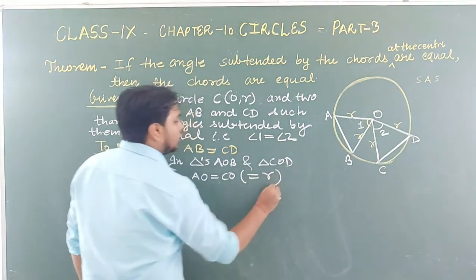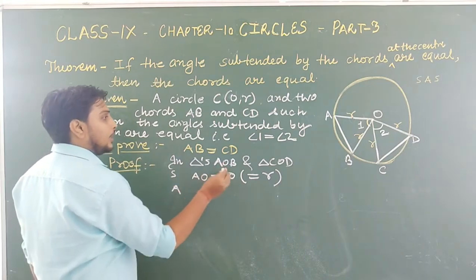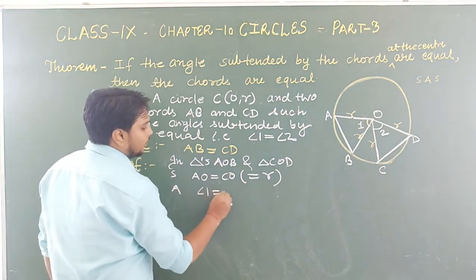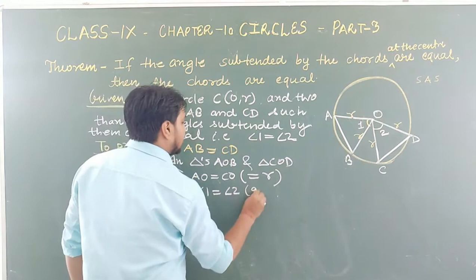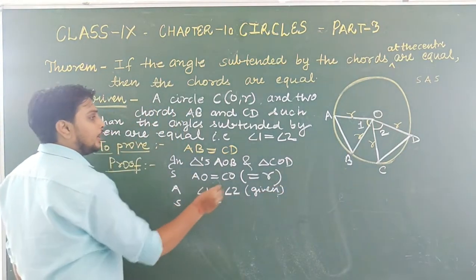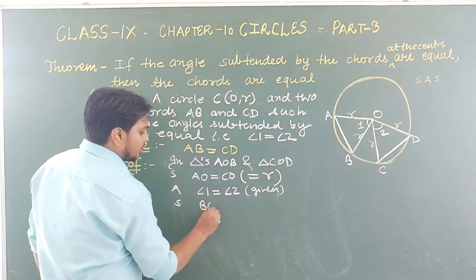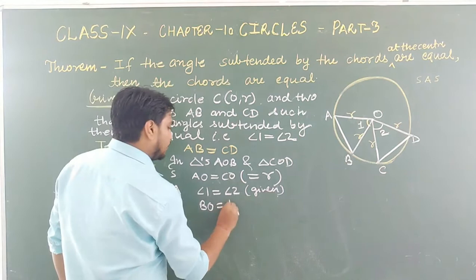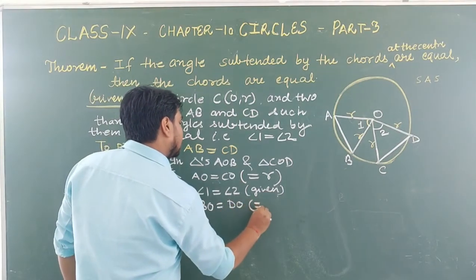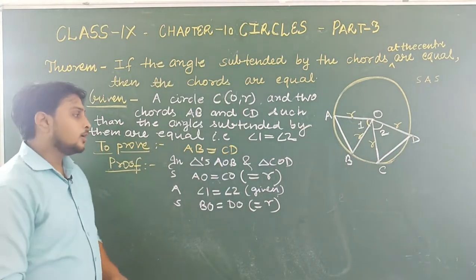Because they are equal to the radius of the circle. Then we will write the angle. It is given that angle 1 is equal to angle 2. Okay, it is given. And the third one is side. So again you can write that BO is equal to DO, also equal to the radius.